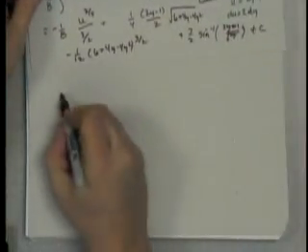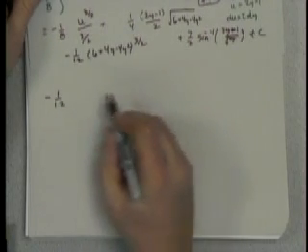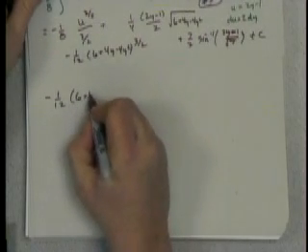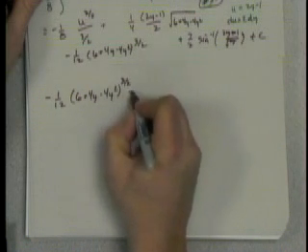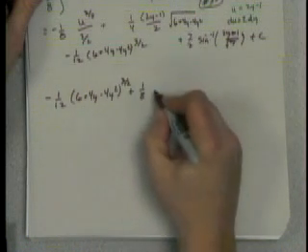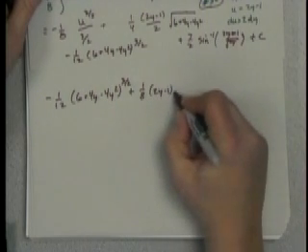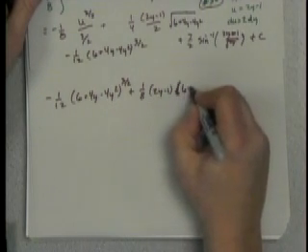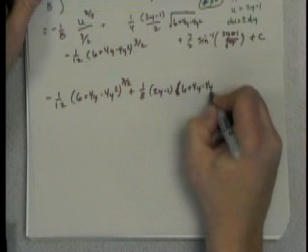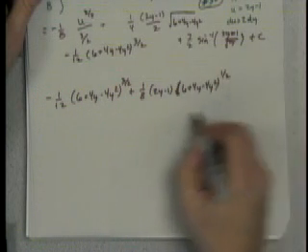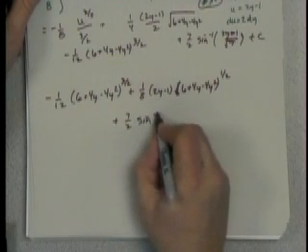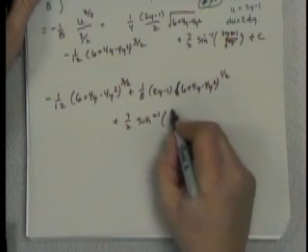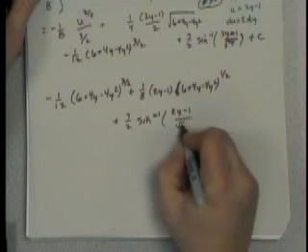Try to simplify that whole thing. So I have negative 1/12, 6 plus 4y minus 4y squared to the 3/2 power, plus 1/8 (2y minus 1) times 6 plus 4y minus 4y squared to the 1/2 power, plus 7 over 2 times the inverse sine of (2y minus 1) over the square root of 7.